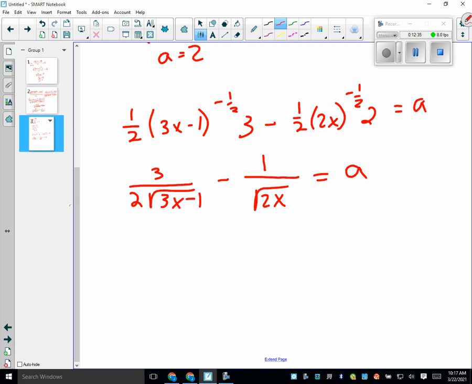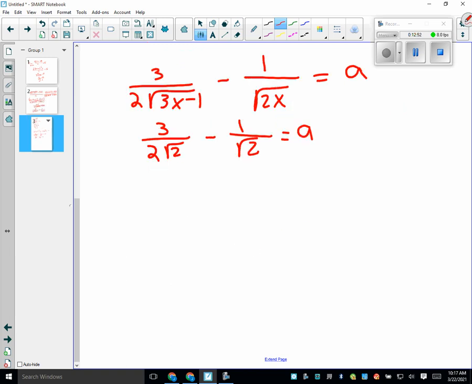What's x? 1. So I have 3 over 2 radical 2 minus 1 over radical 2 equals A. Did you solve that?